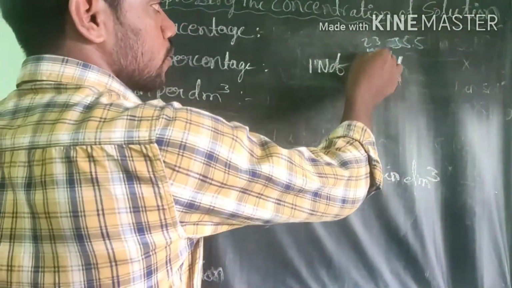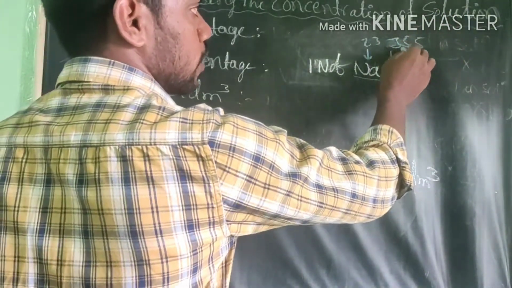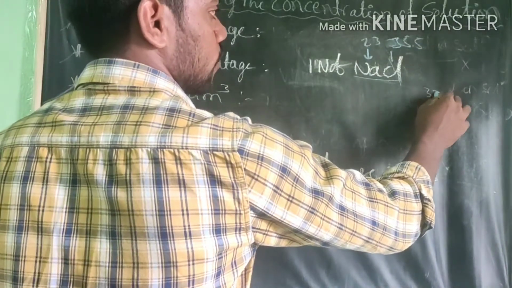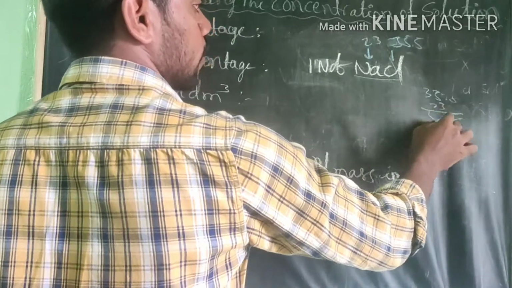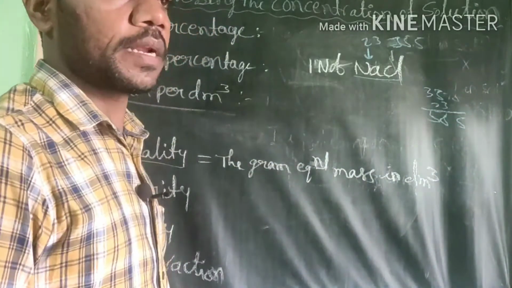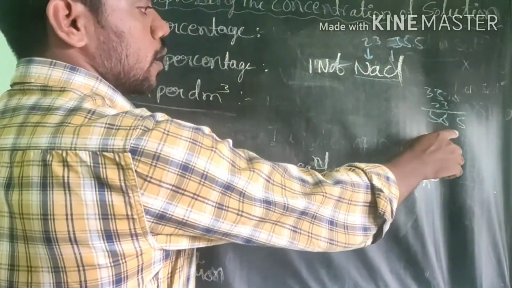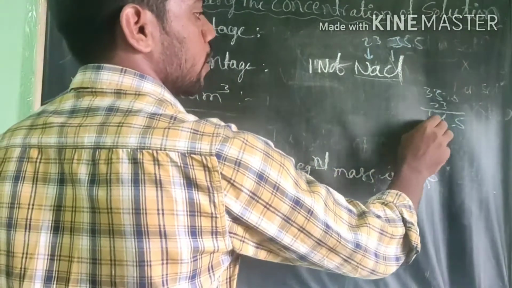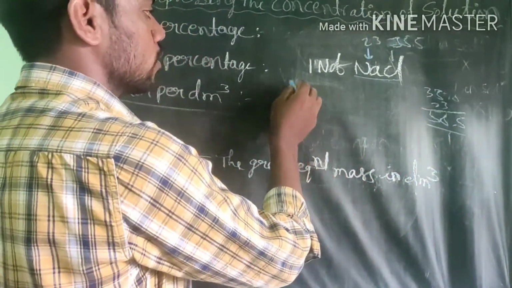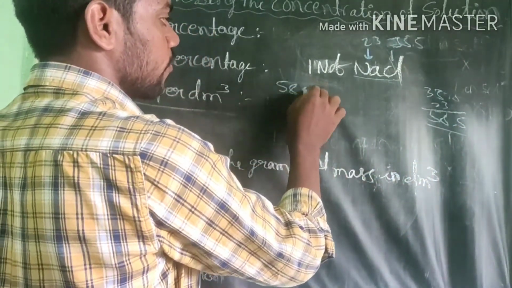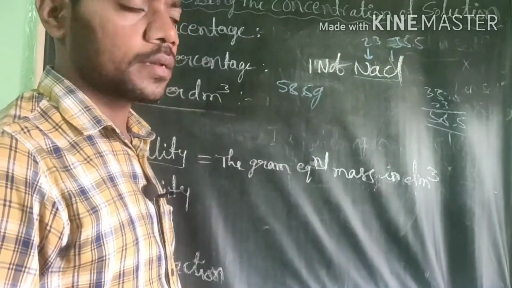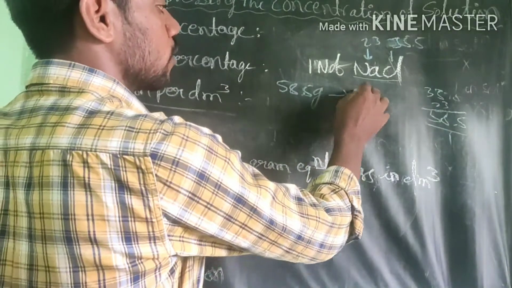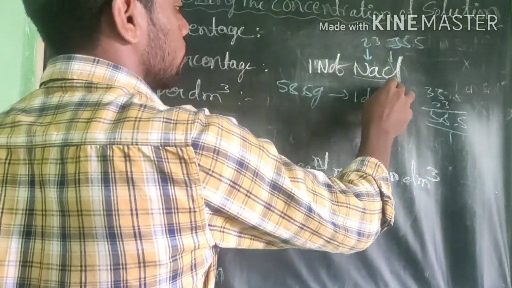Okay, 23 and 35.5, how much is it? 35.5 and 23 gives 58.5. The equivalent mass is divided by valency. I will tell you how to calculate the equivalent. Therefore, 58.5 is its equivalent mass. 58.5 gram is the equivalent mass dissolved in 1 liter, 1 dm cube.